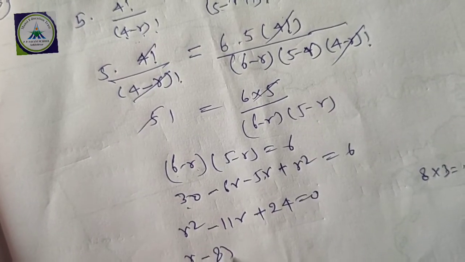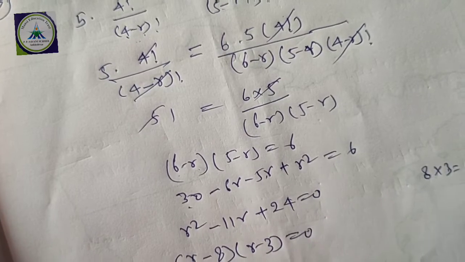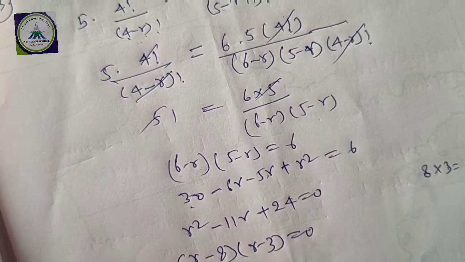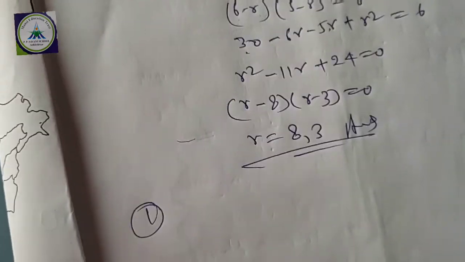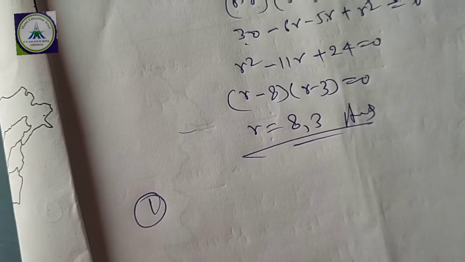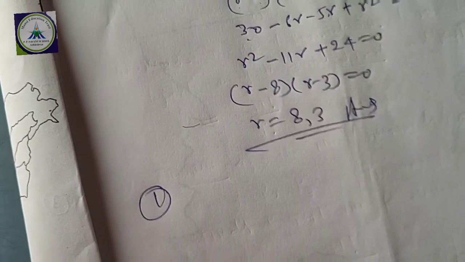So r minus 8 and r minus 3 equals 0, r equals 8 or 3. That is your answer. Solve this type of question. All the examples should be solved by you, and read these questions.